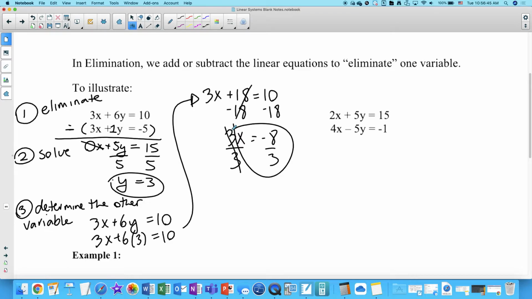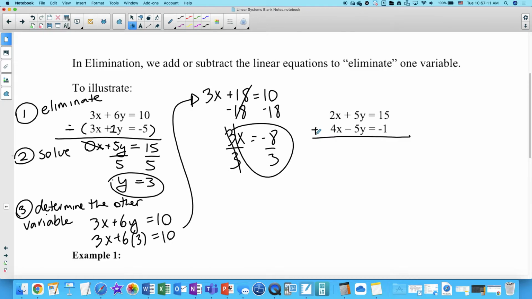2x plus 5y equals 15, 4x minus 5y equals negative 1. Is there a way that we could add or subtract these equations together to eliminate a variable? Yeah, what could we do? Yeah, add them. Because essentially, right now the coefficients of y are the same magnitude but different signs.